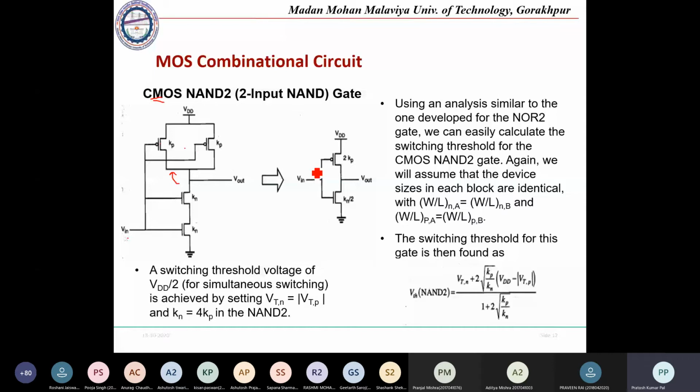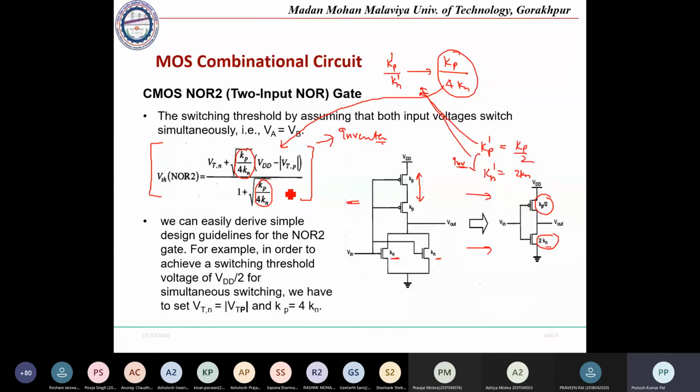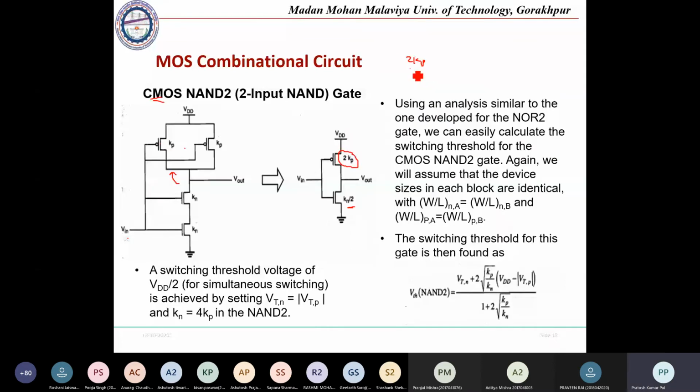Instead of this value, we will replace it by some other value, which is basically Kp by Kn of an inverter. So the Kp by Kn of this will be 2Kp divided by Kn by 2, which comes out to 4 Kp by Kn.